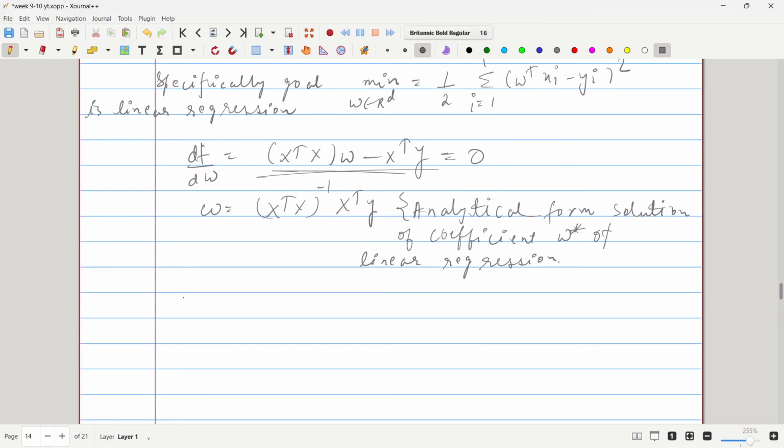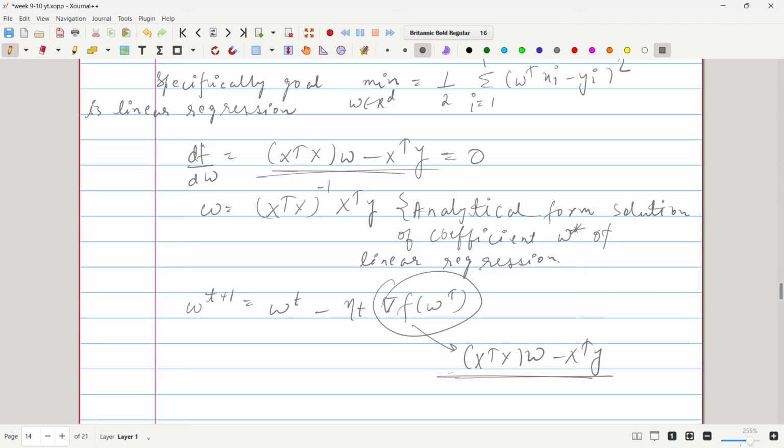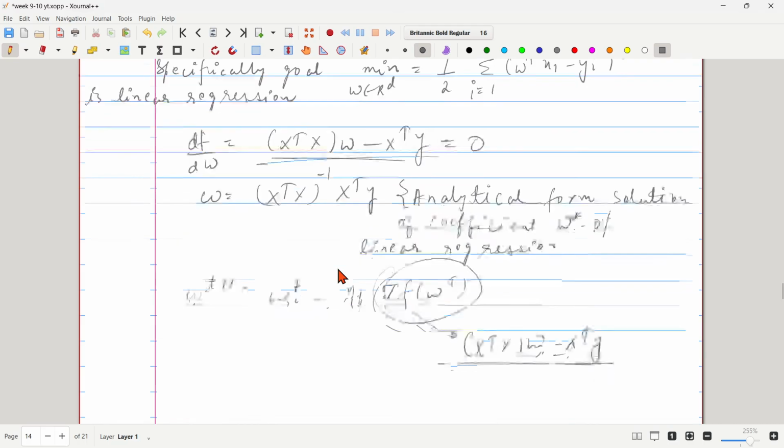And the similar form for the gradient descent method for this solution is w_{t+1} is equal to w_t minus step size times the gradient of w_t. Okay. And this gradient of w is nothing but x transpose x w minus x transpose y. Okay.